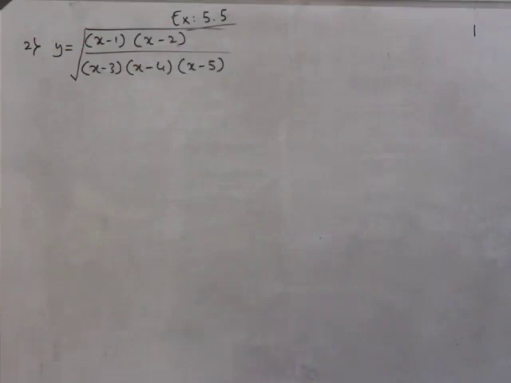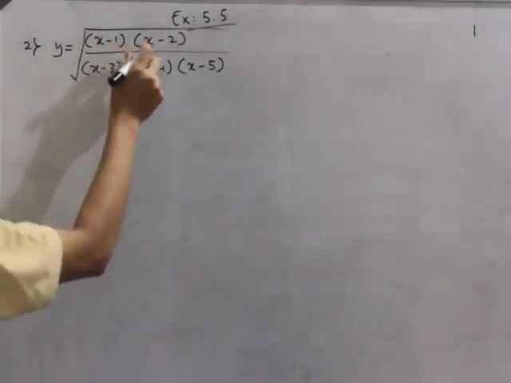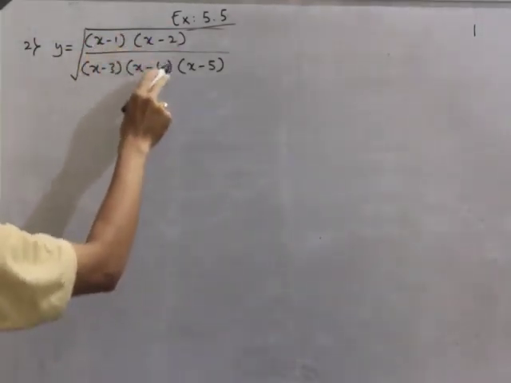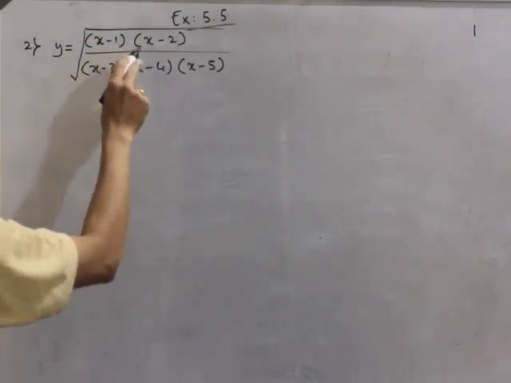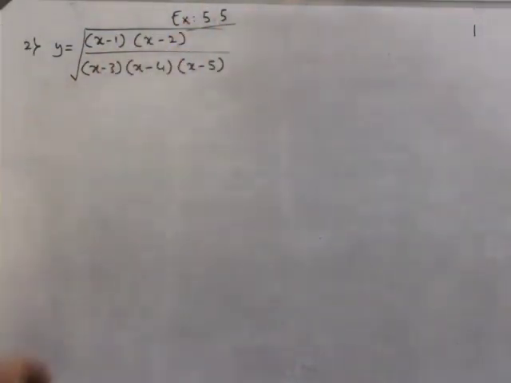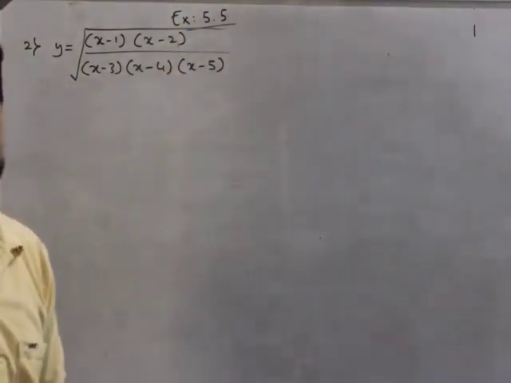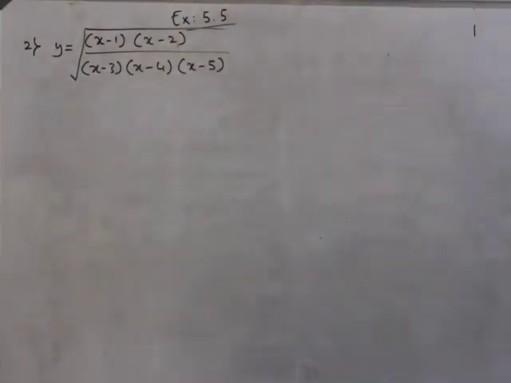So how to eliminate? Whenever we have a square root, we can write it as whatever is inside the square root to the power of 1 by 2. If it is a cube root, we write it to the power of 1 by 3. Fourth root, 1 by 4, and so on.